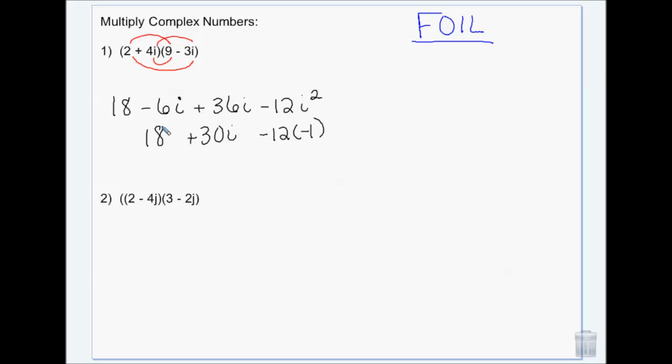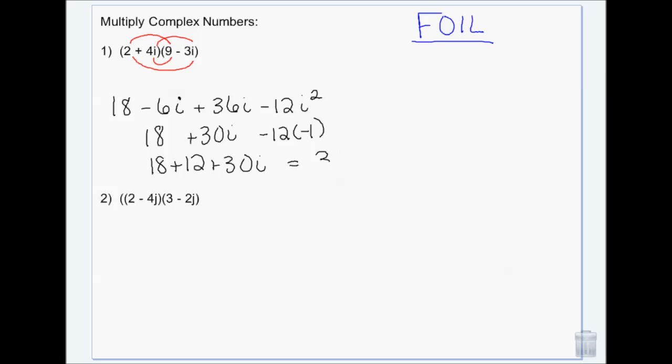And negative 12 times negative 1 is positive 12. So do we have to turn that i squared? You have to, yeah. So this is going to give me positive 12, right? Because negative times negative.